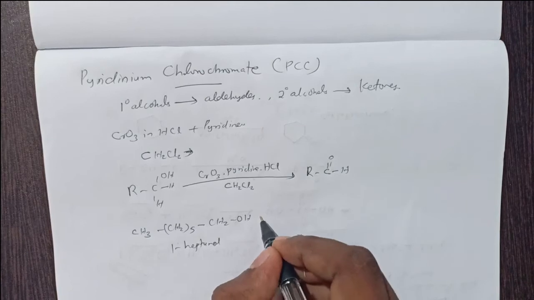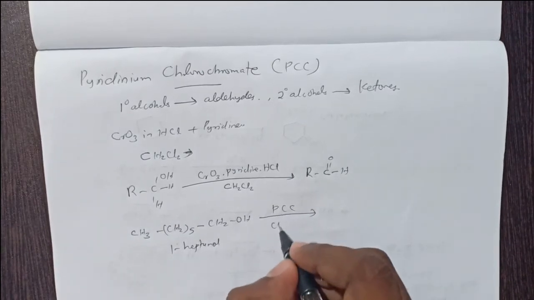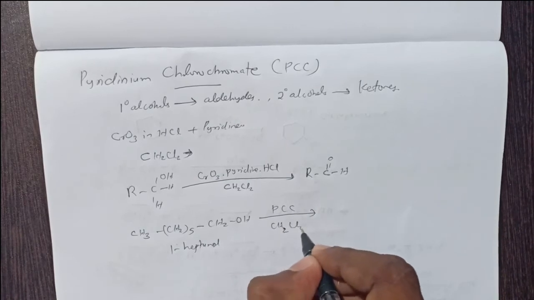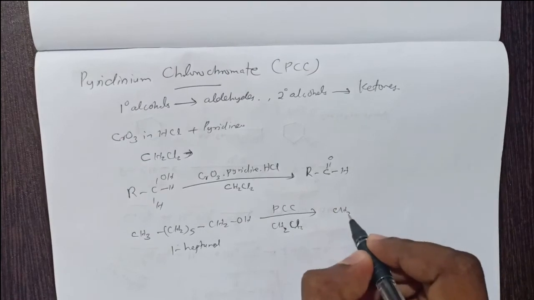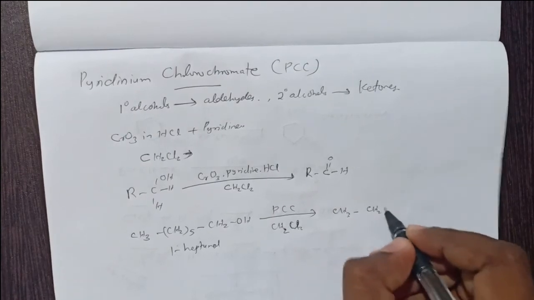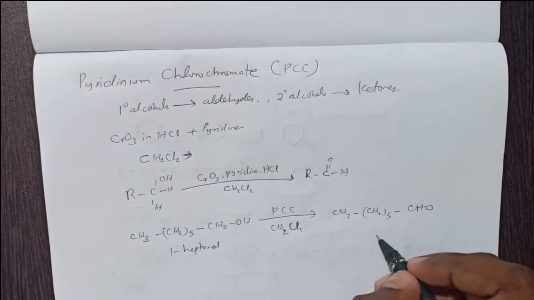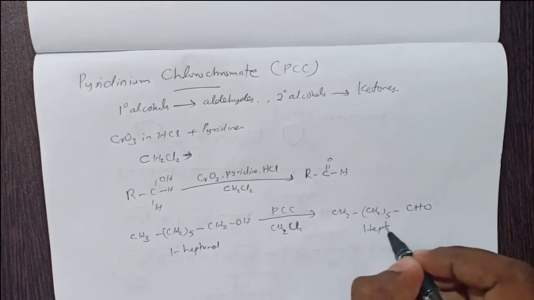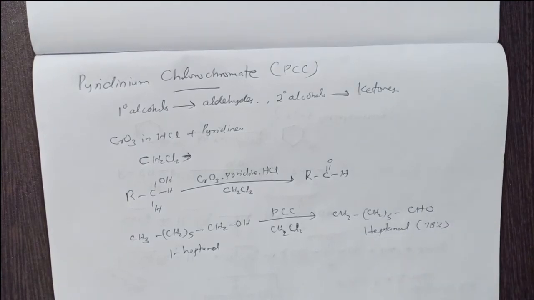This on reaction with PCC, pyridinium chlorochromate, and CH2Cl2, dichloromethane, as the solvent, gives CH3(CH2)5CHO. This is heptanal, almost 78% heptanal as the product. So this PCC can be used for oxidation of primary alcohols to aldehydes.